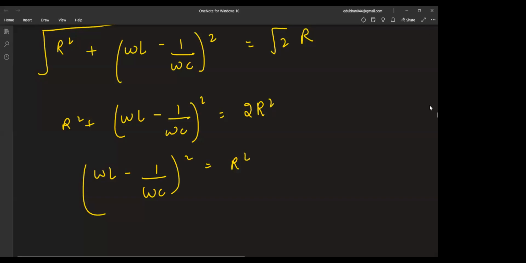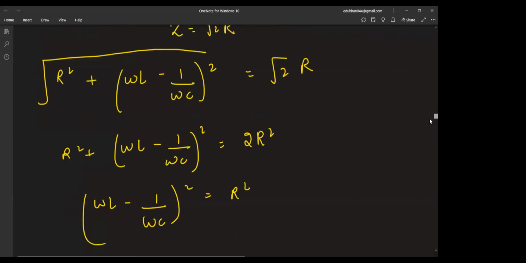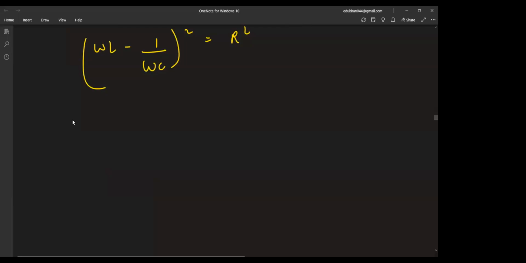Now see, what is the value that we can obtain? Omega L minus 1 by omega C is equal to plus or minus R, if we take the roots. Is this clear how we have solved this?